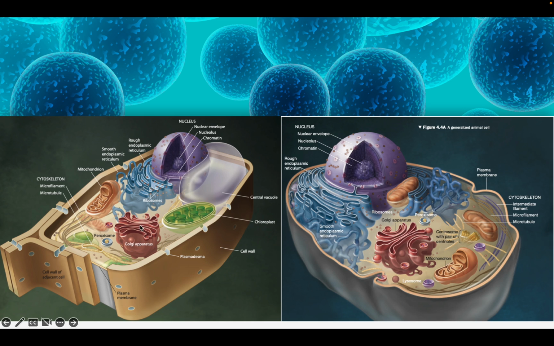Next, we have the Golgi apparatus or Golgi bodies. It processes, modifies, and packages proteins and lipids produced by the endoplasmic reticulum for transport to the final destinations within or outside the cell. Next, we have the lysosomes.